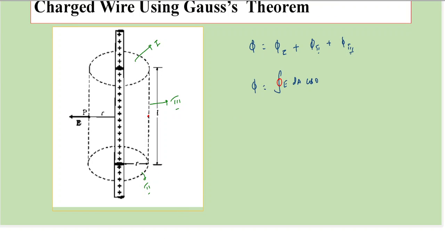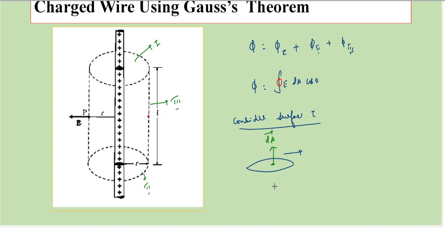Let's consider surface 1. Now the surface 1 is like this, and if you take any small part on this surface, like here, for the small region, the area vector would go out like this. So the area vector would be normal to that area, but the electric field is going like this.